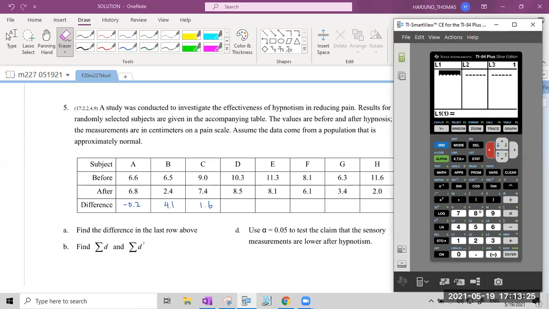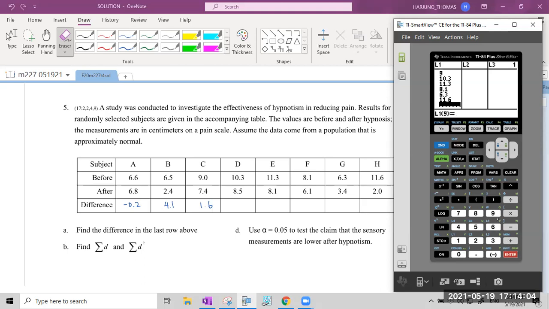So list 1 will be the numbers from before. 6.6, that's the first data. 6.5, the second data. 9.0, the third. 10.3, the fourth. 11.3, the fifth. 8.1, the sixth. 6.3, the seventh. 11.6, the eighth data.